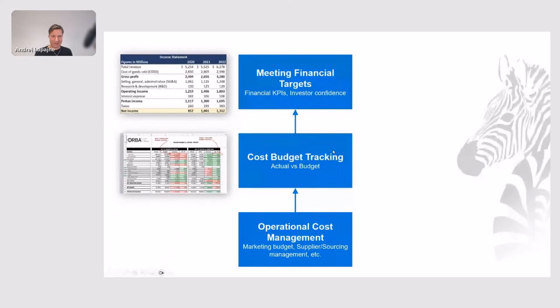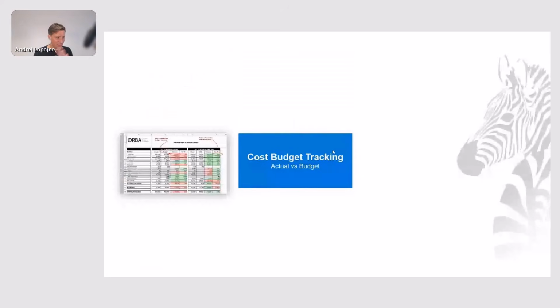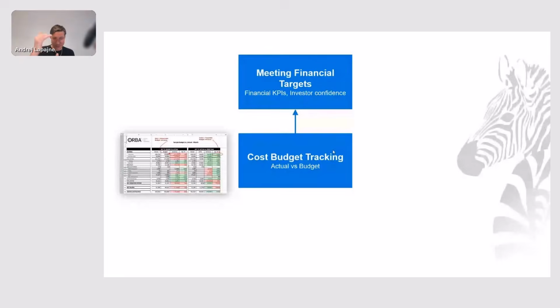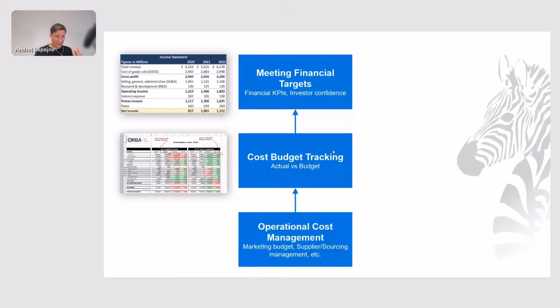So basically, cost budget tracking, so just your actual versus budget, then how do you link this into your P&Ls, and then the third part on the lowest level, which is really the operational cost management. This is really the level where you can efficiently plan certain actions and do something, right?